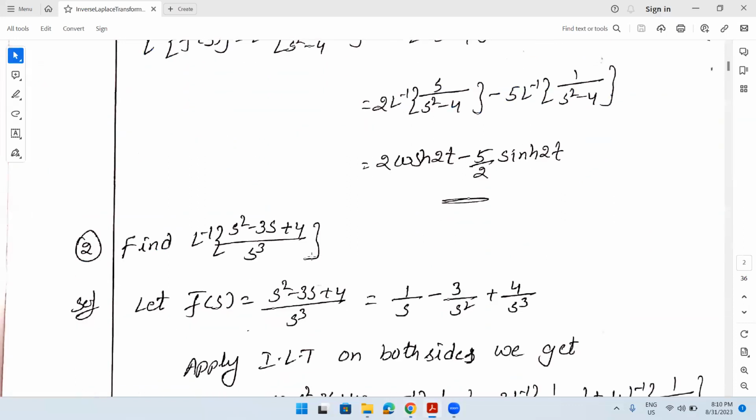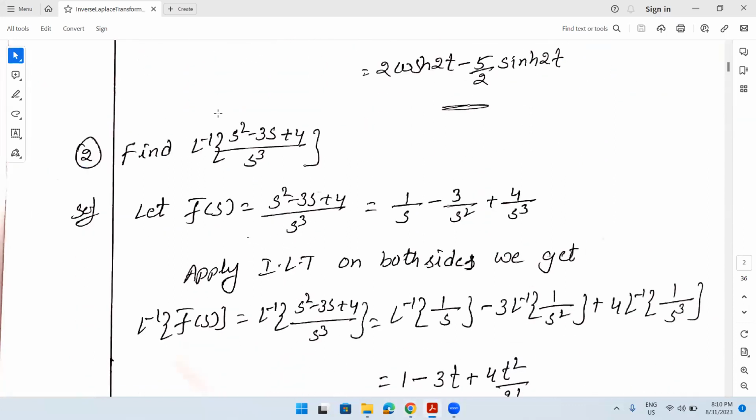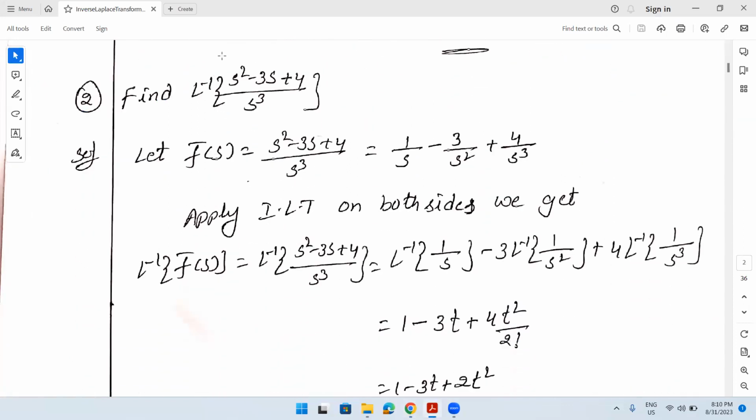Now see the second question, L inverse of (s square minus 3s plus 4) by s cube. Here also we divide: s square by s cube minus 3s by s cube plus 4 by s cube. S square by s cube is nothing but 1 by s, minus 3 by s square, because s cancels, and 4 by s cube as it is.